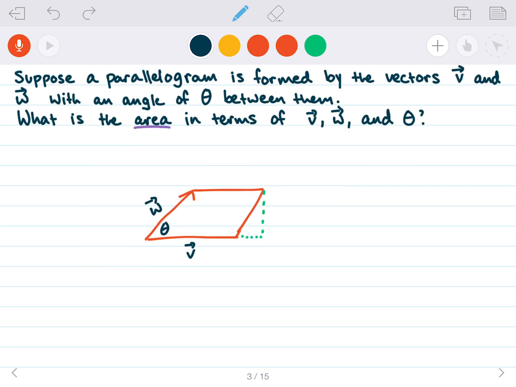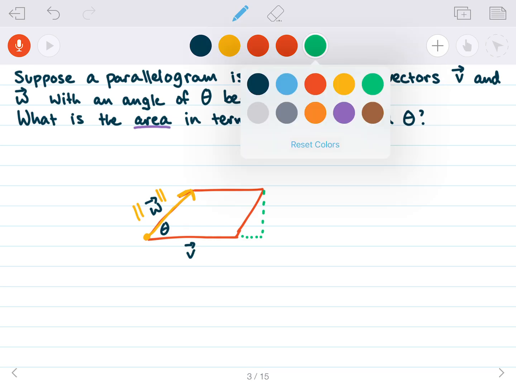Now let's talk about the definition of the area of a parallelogram in terms of vectors, okay? Suppose a parallelogram is formed by the vectors v and w with an angle of theta between them. So maybe we have the magnitude of w right here. Here's the start of our vector. There's our vector w, or the magnitude of w rather.